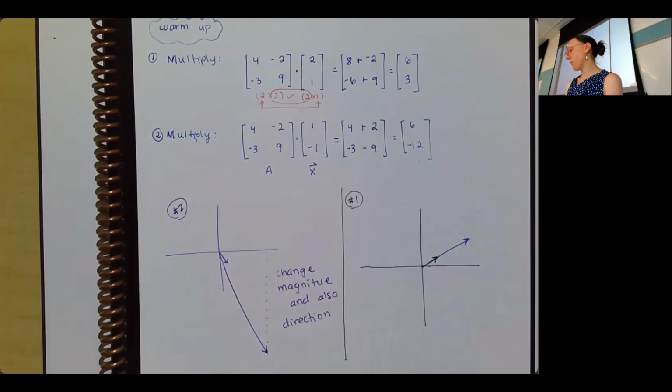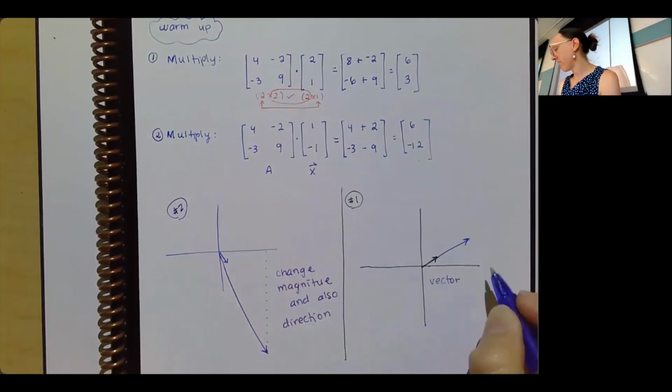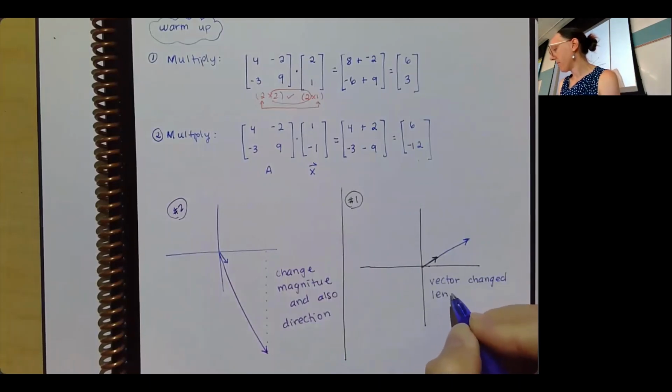And in this transformation, my vector changed length but kept the same direction.